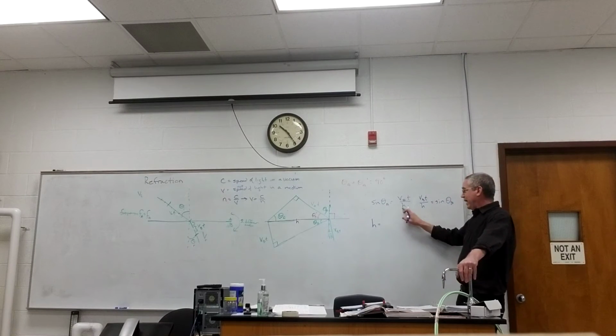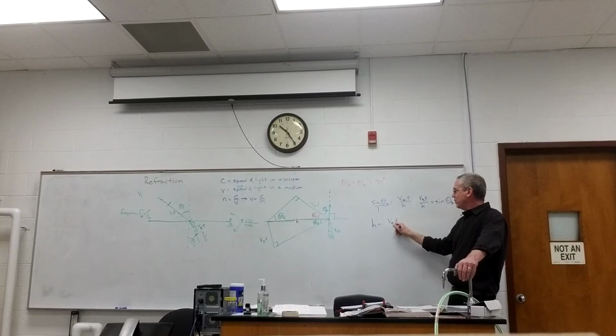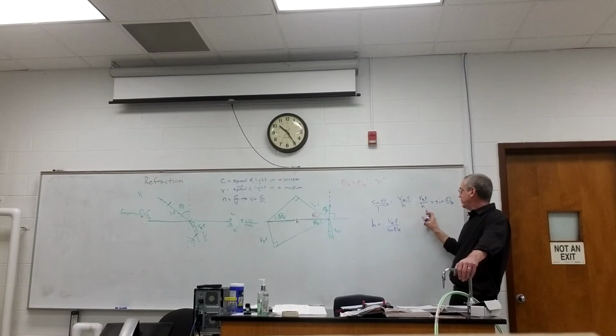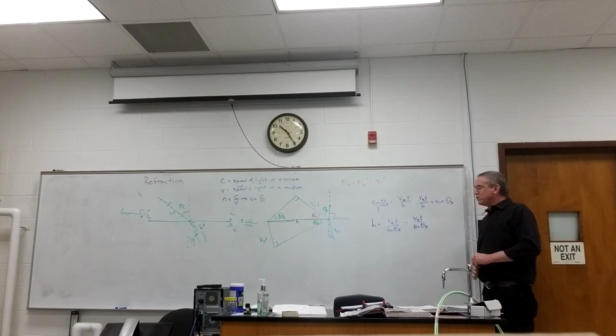All right, so h is not equal to that times that. h is equal to, cross multiply, so this is VAT over sine of theta A from here. And then from here, it would be VBT over sine of theta B. So h is equal to both of those.